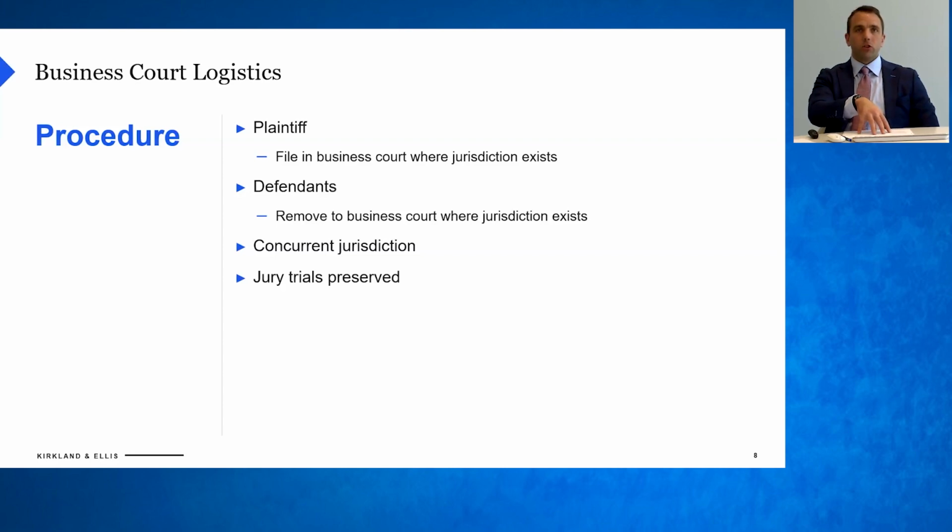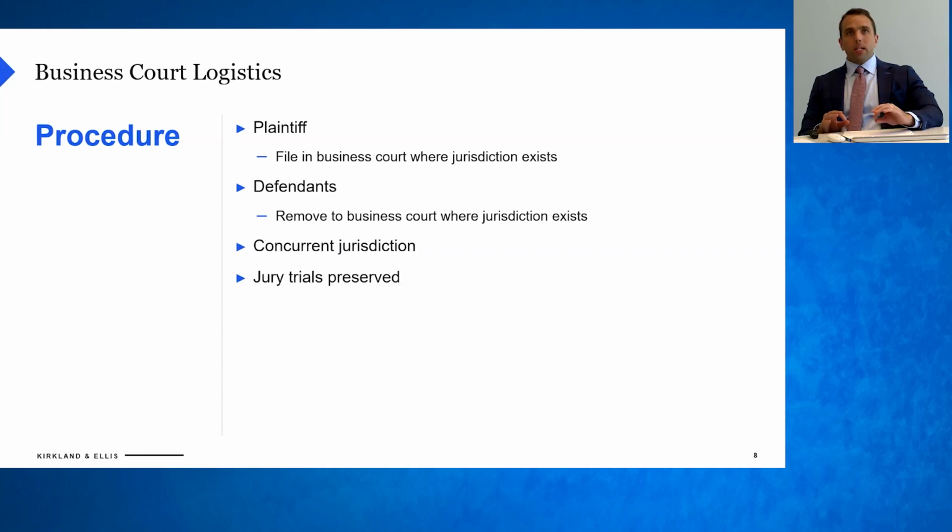So a plaintiff can choose, if business court exists, similar to how a plaintiff can choose whether to file in state or federal court in the first instance if concurrent jurisdiction exists. A plaintiff can choose whether to initiate their dispute in either business court or in the court of general jurisdiction. Now, again, like in federal court, defendants have the ability to remove a case to the business court where jurisdiction exists.